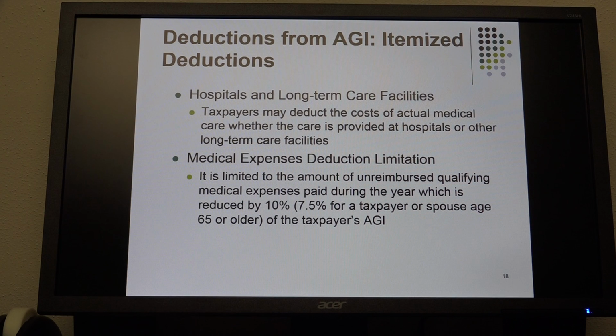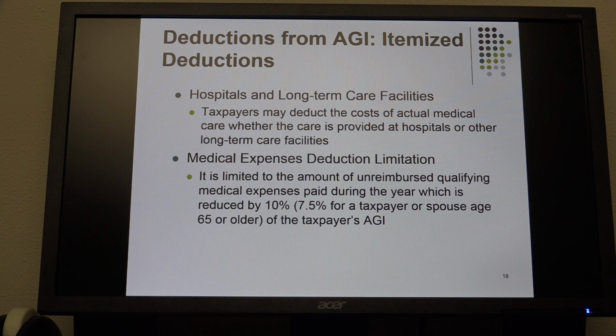Again, it doesn't happen very often because most people are covered by insurance and don't come anywhere close to having enough medical expenses that are going to reach above 10% of AGI.